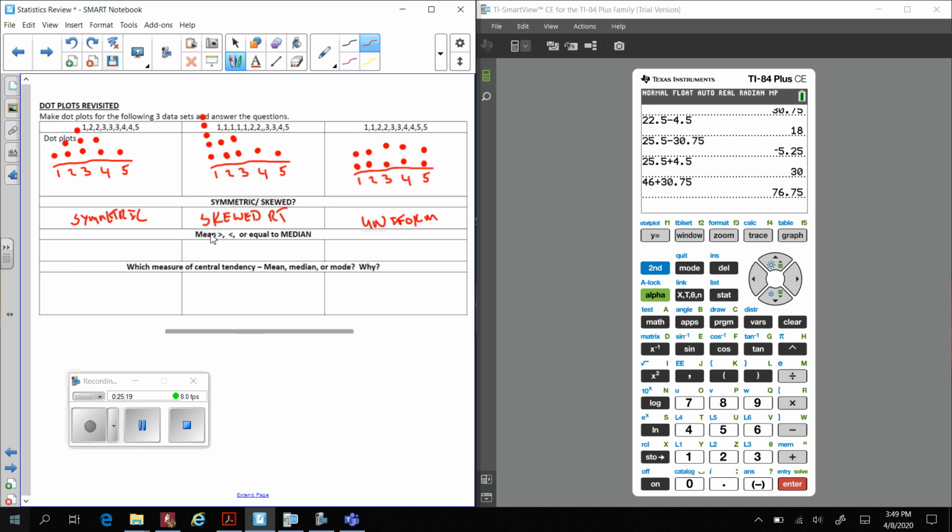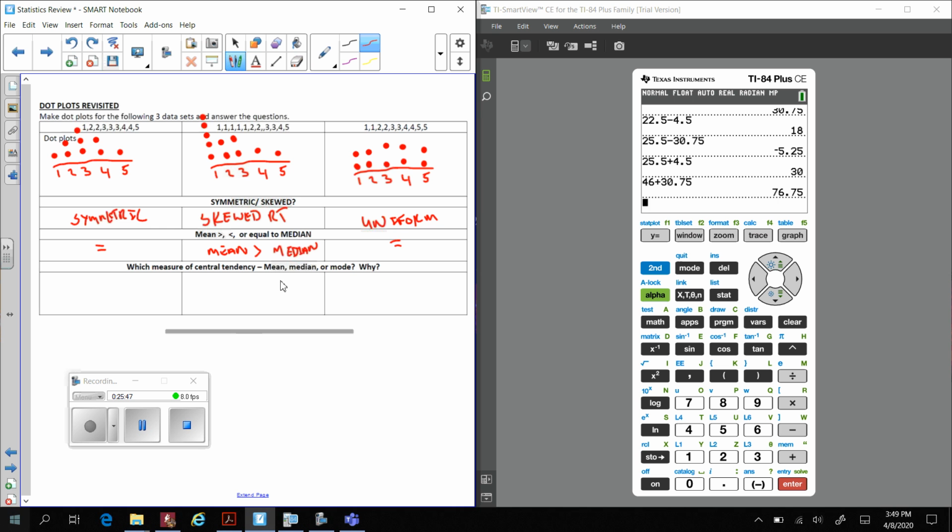All right, so what does this mean about our mean? Well, if it's symmetrical, then our mean and median should be the same. But if it's skewed to the right, that means that our mean, remember, is going to get pulled away, is going to be greater than our median. And if it's uniform, they should be the same again.